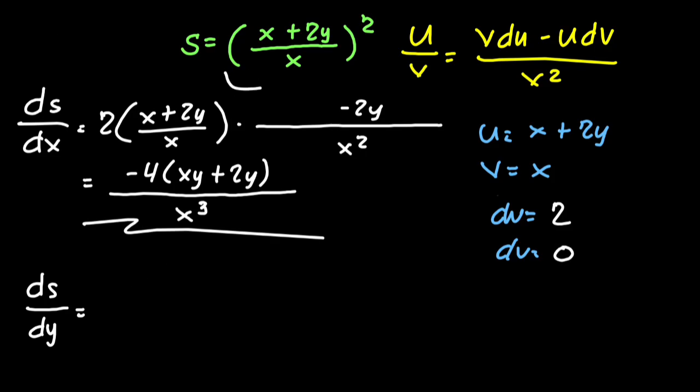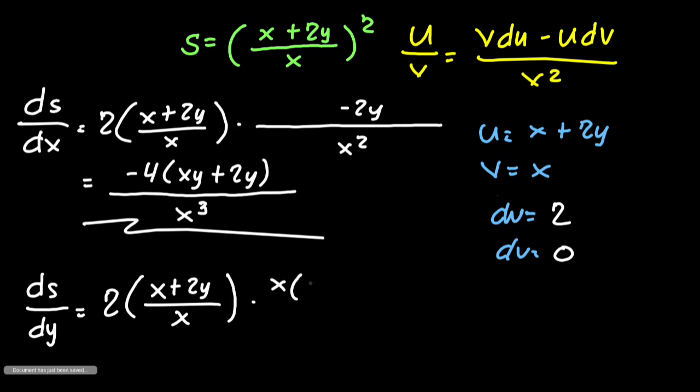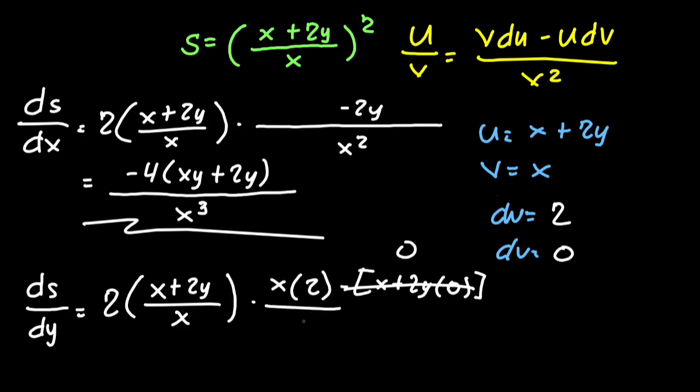So take the derivative of the outer function first, which would be 2 multiplied by x plus 2y over x. Multiply this by the inner function, which would be v, which is x, multiplied by du, which is 2, minus u here, which is x plus 2y, multiplied by dv, which is 0. Anything that is multiplied to 0 is simply 0, over v squared, which is x squared.